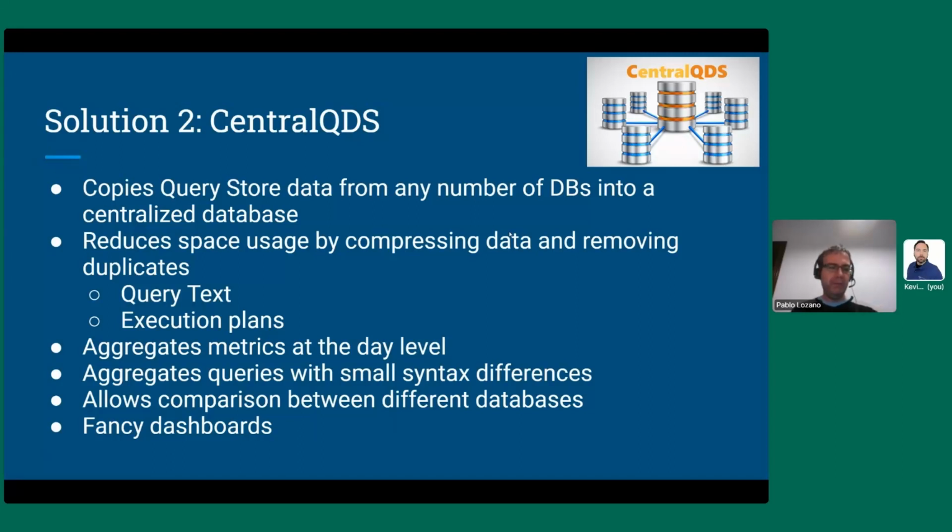So we can translate from a local server to a central server and the other way around. And this lets us, given a particular plan that is pretty much the same with just a different database name across all the databases, see how that plan or that query is performing across all the servers.